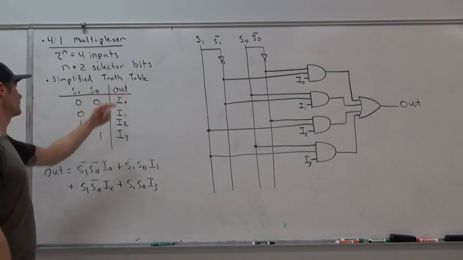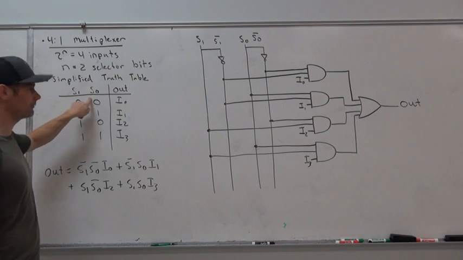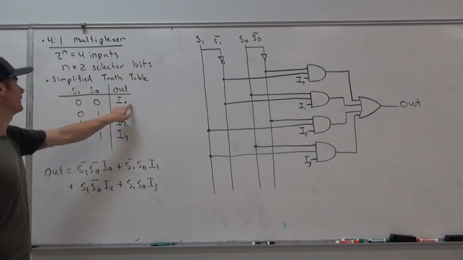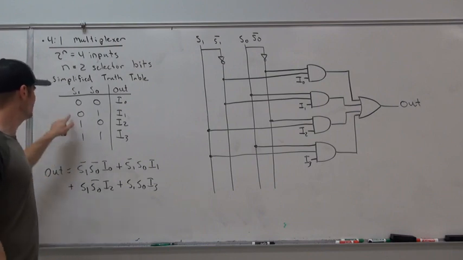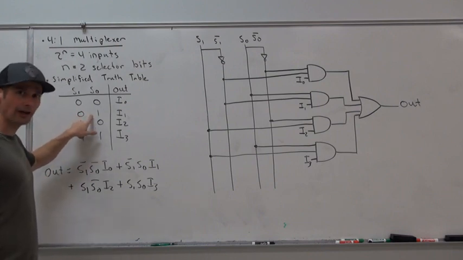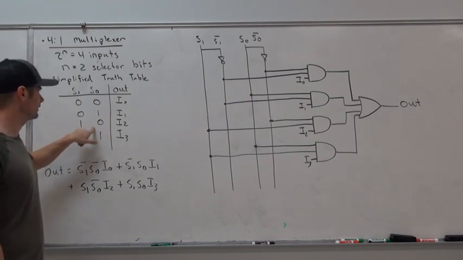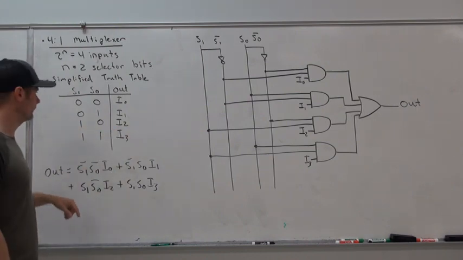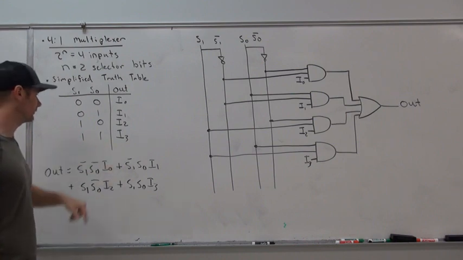When S1 and S0 are both low, I want the output to be whatever the input of I0 is. When S1 is low and S0 is high, I want I1. When S1 is high and S0 is low, I want I2. When S1 is high and S0 is high, I want I3.